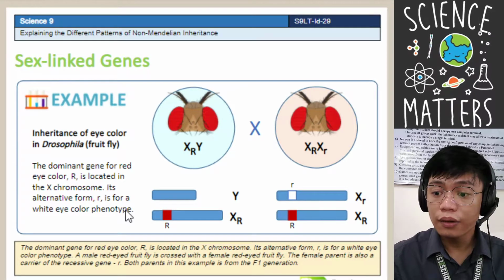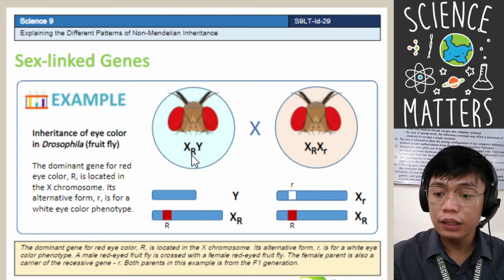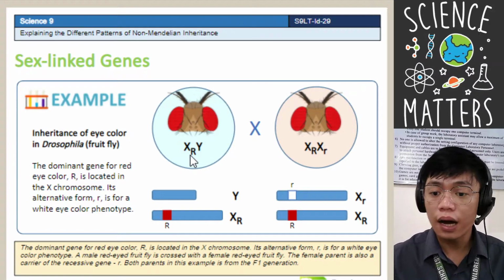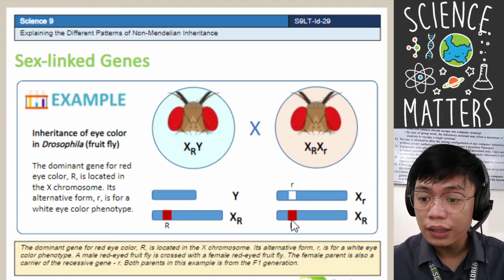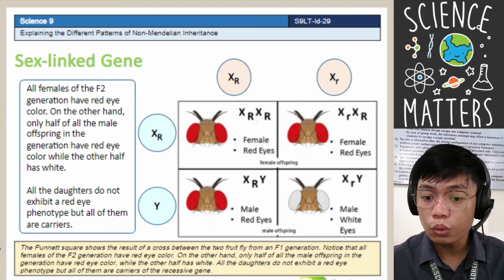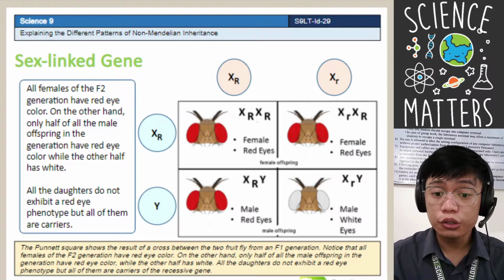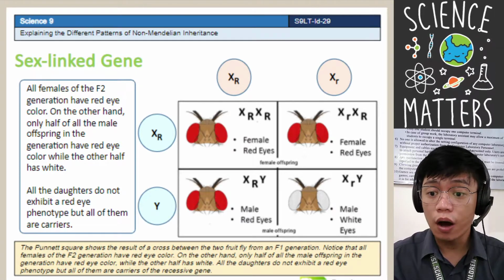Now, if we crossbreed a male and a female with these genes, it results in the passing of traits to their offspring.